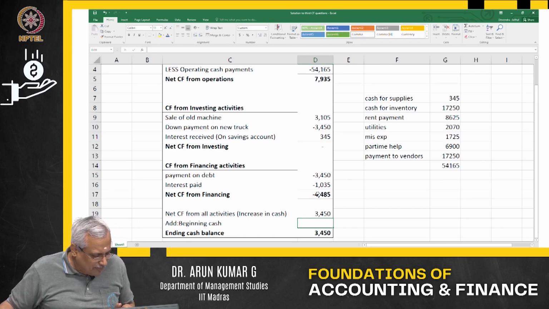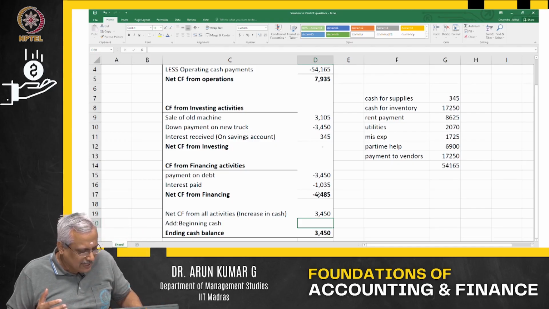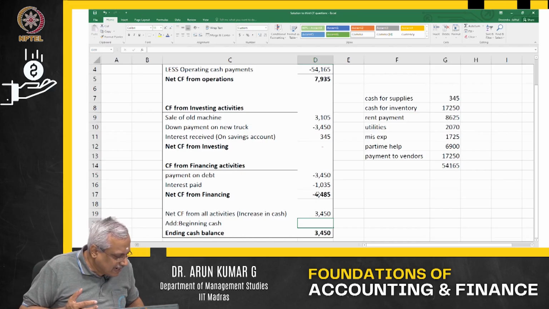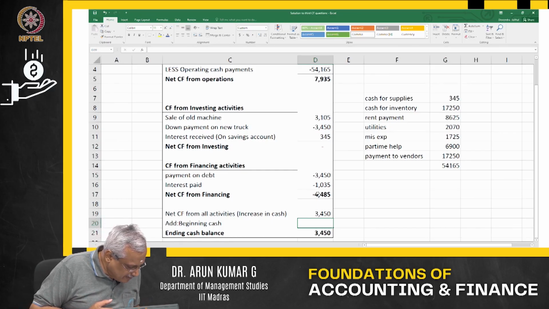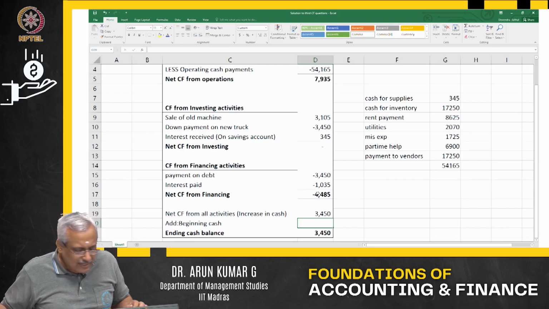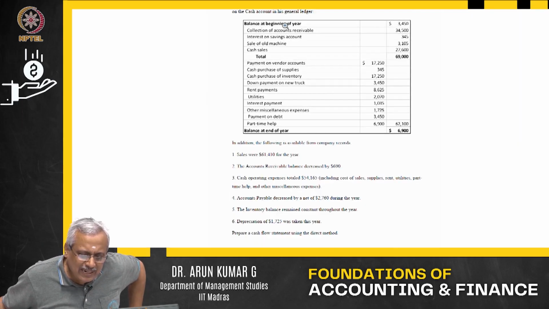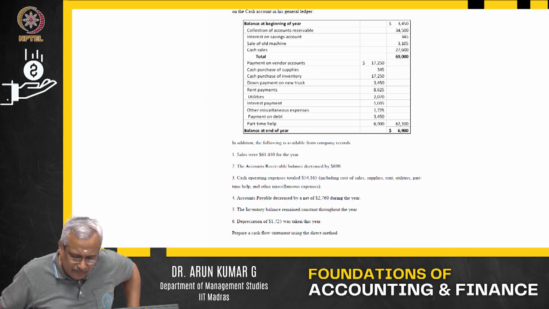What is the cash at the beginning of the year? Is there any detail on the cash at the beginning of the year? Yes, it says balance at the beginning of the year 3450.